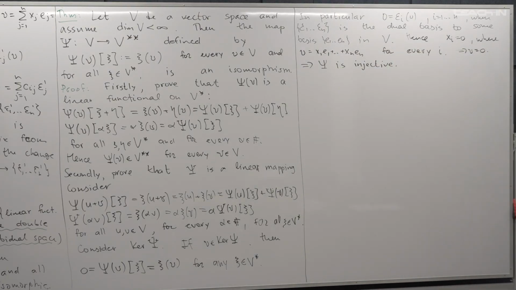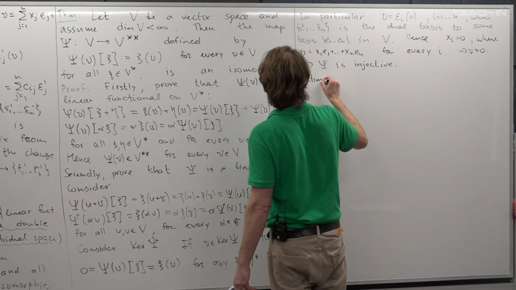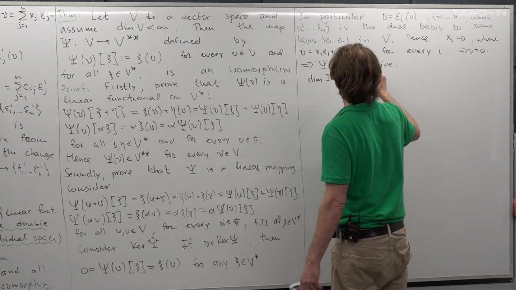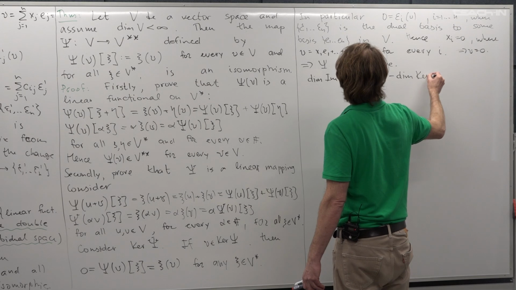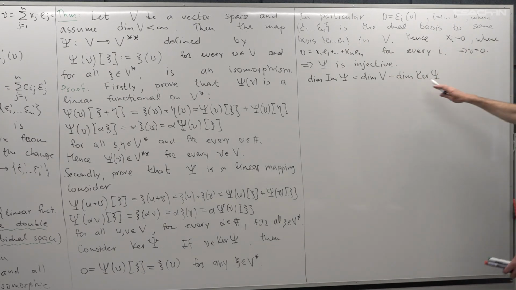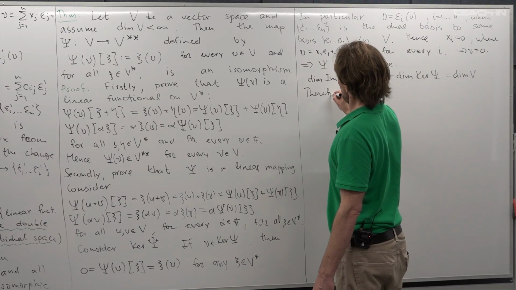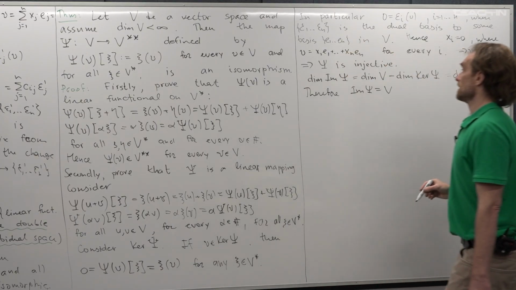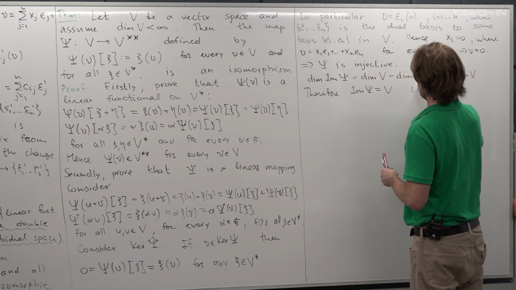But we are in the finite dimensional situation, so the dimension of the image of psi is the dimension of V minus the dimension of the kernel of psi. And this dimension is 0, so we get the dimension of V, and that's why the image of psi capital is the whole space, and psi capital is surjective. So this proves our theorem.